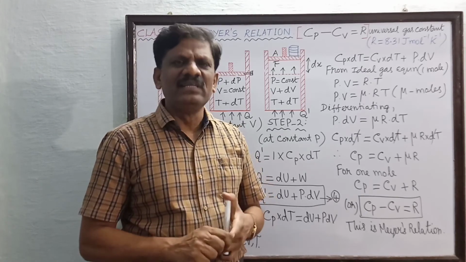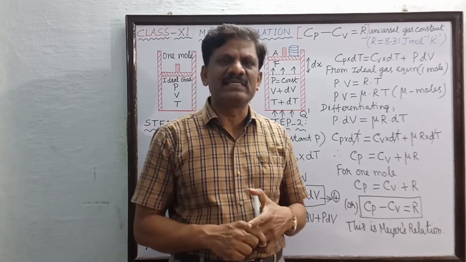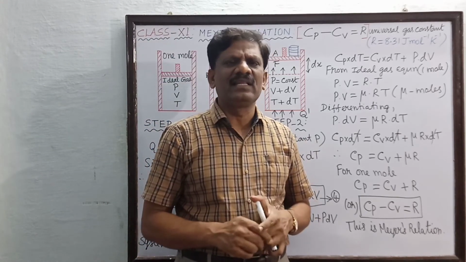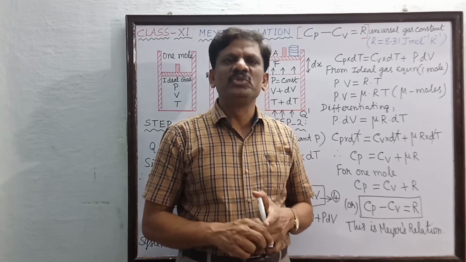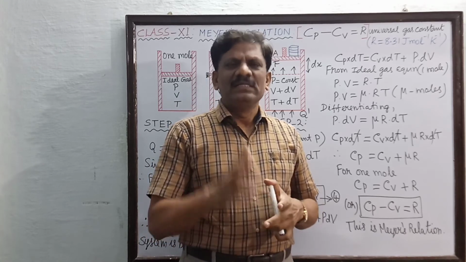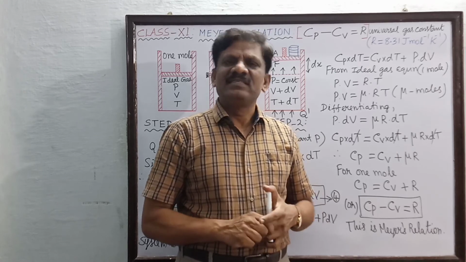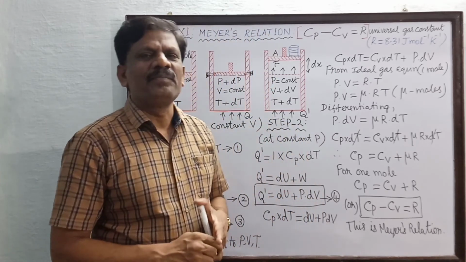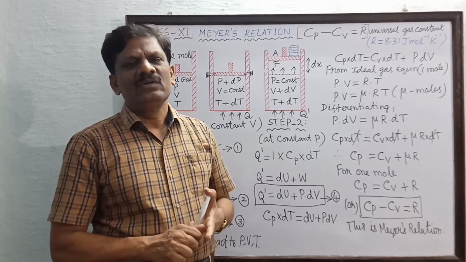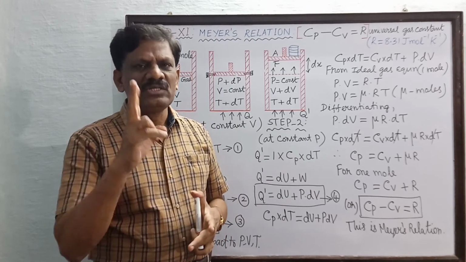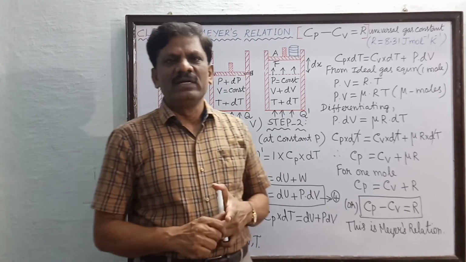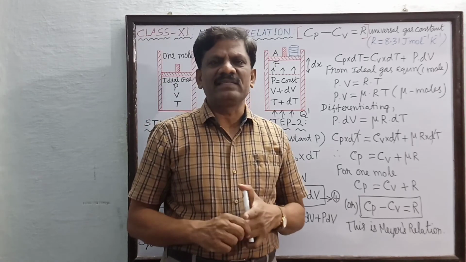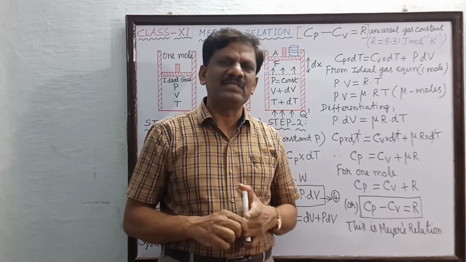One general question is asked, my dear students, in the board exam: why is Cp greater than Cv? So you should mention that the quantity of heat supplied to a system at constant pressure is doing 2 works. One is expansion of the gas, that is by pushing the piston upwards.